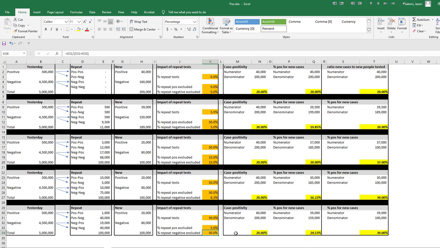In this case, because I'm throwing out way more repeat negatives who had tested positive on a previous day than I am repeat positives who tested positive on a previous day, that percentage would be a lot higher. And again, still big difference for that ratio of new cases to new people tested because that's primarily driven by the percentage of tests that are repeat tests.